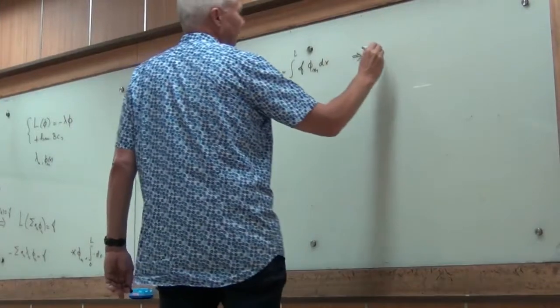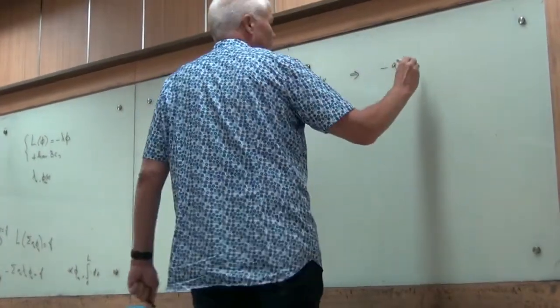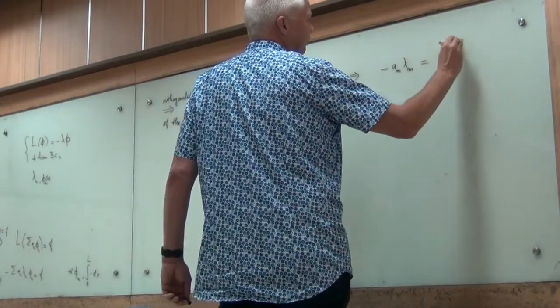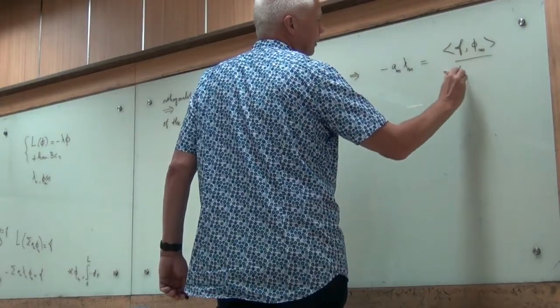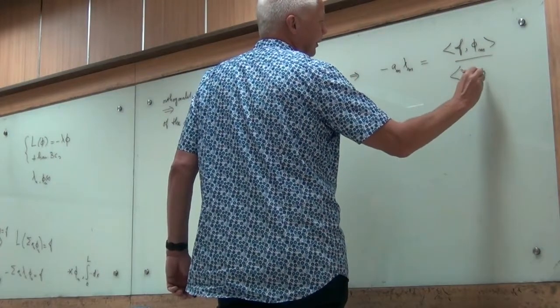That gives you the following expression: minus a_m lambda_m is equal to the inner product of f with phi_n divided by the inner product of phi_n with itself.